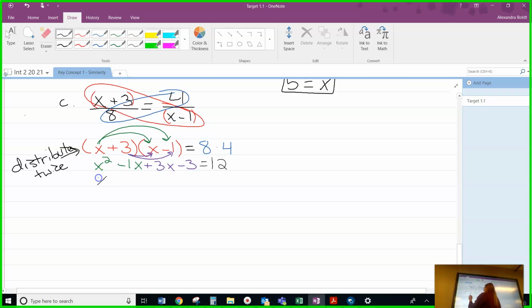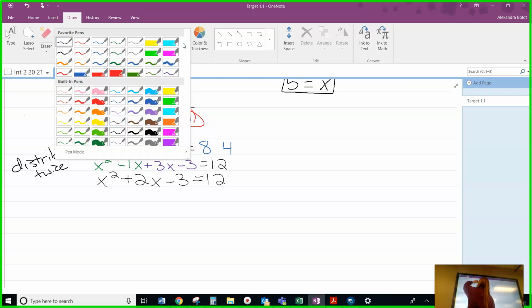So now I have x squared, and then minus 1x plus 3x is 2x when I combine my like terms, and then minus 3 equals 12. Okay, now this has an x squared.